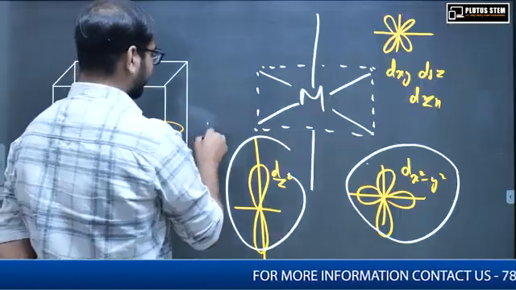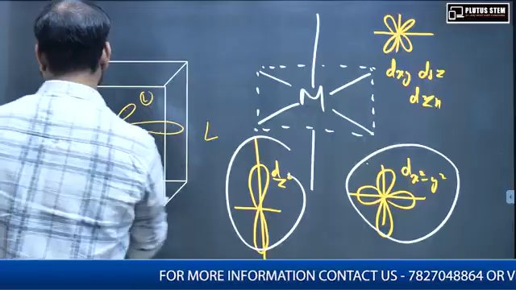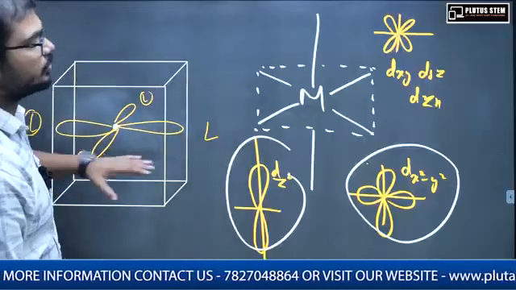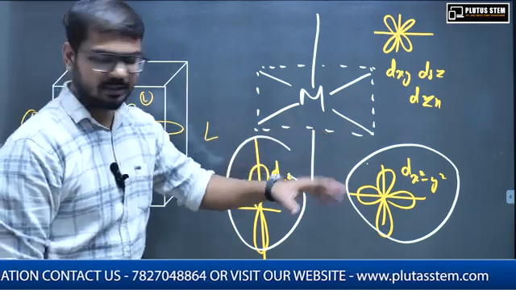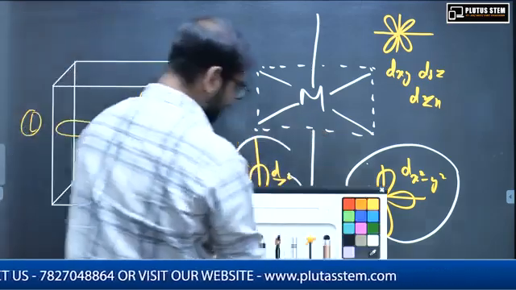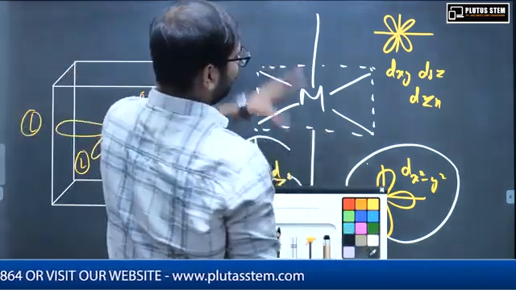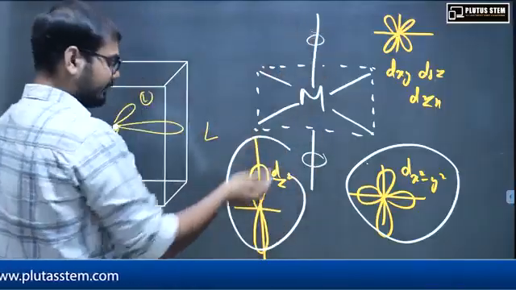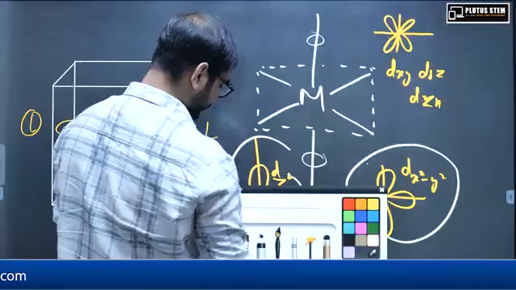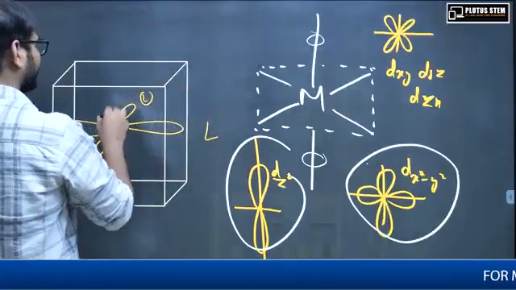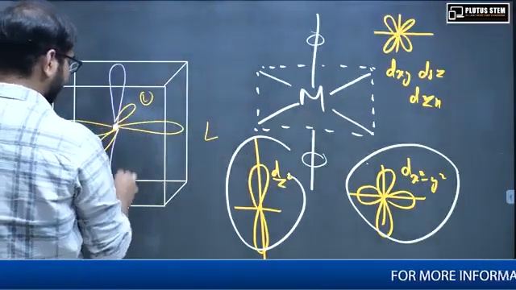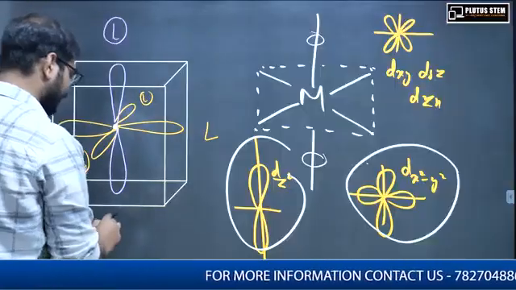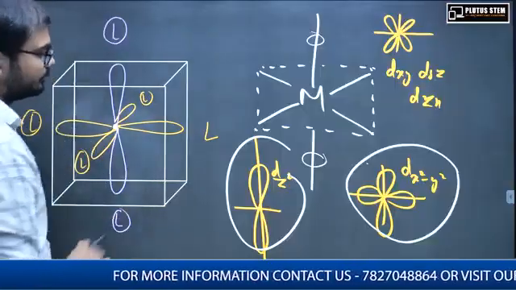That means the ligands will be approaching from those directions where the orbitals are aligned, so that a particular geometry can be achieved. Now I require the bonds which are above and below the plane. For this, the orbital I require should be of vertical geometry, which is dz square. Here two ligands will approach from this direction and two will approach from this direction.